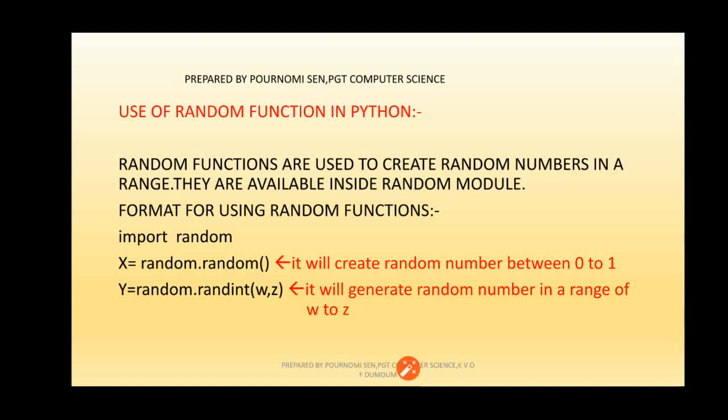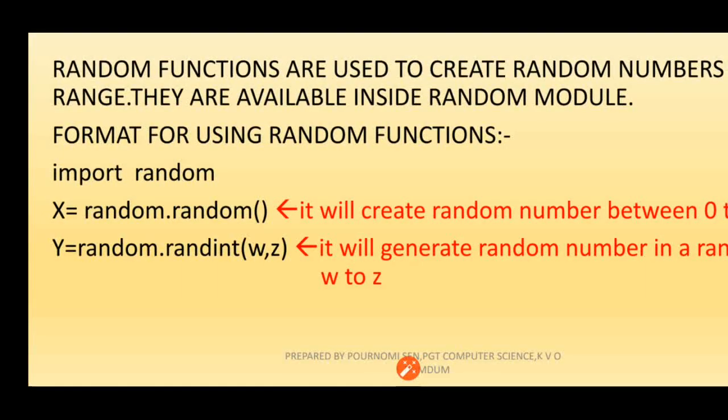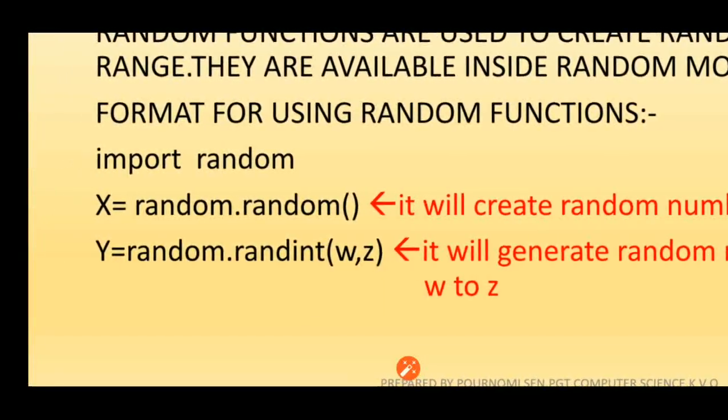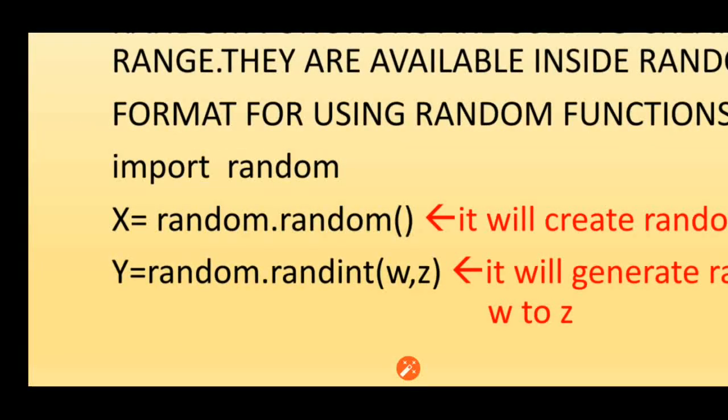If we want to use a random function in our program, first we need to import the random module. How can we import the random module? What is the format for using random functions? First we need to write import random. There are different syntaxes that are used to import a particular module inside a program, which will be discussed later.